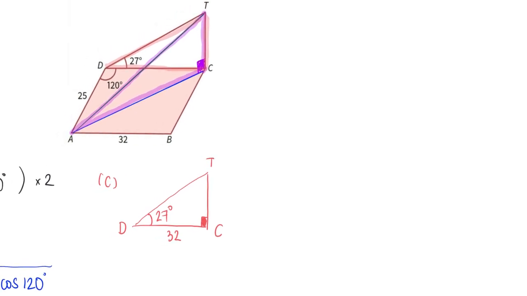So for TC, using SOH CAH TOA, which ratio should I use? This is the opposite side, this is the adjacent side with respect to the angle 27 degrees.